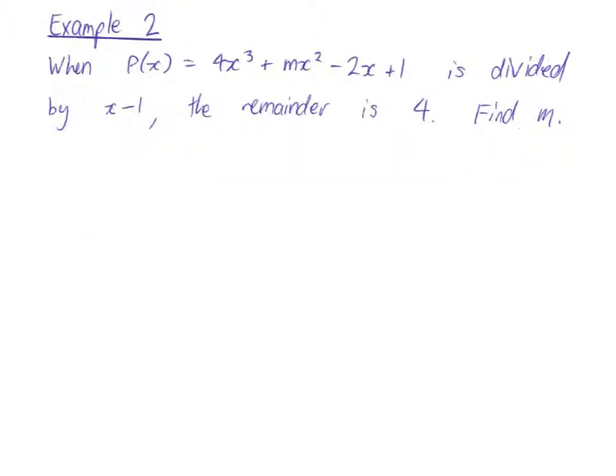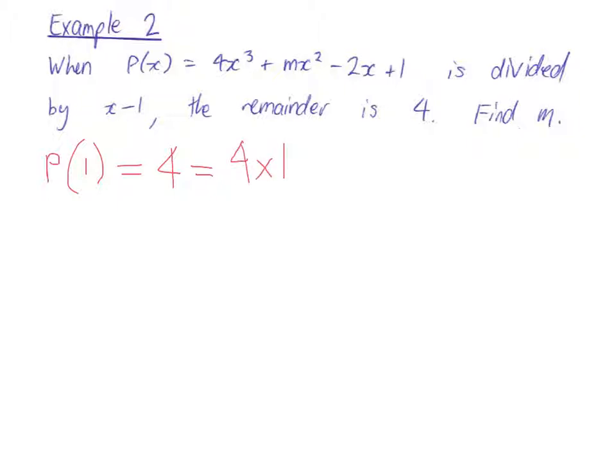Another example, when p of x is divided by x minus 1, the remainder is 4. Find m. So that means p of 1 must equal the remainder, which is 4. So let's substitute in 1, and we'll see what we get. So we get 4 times 1 cubed, which is 4.